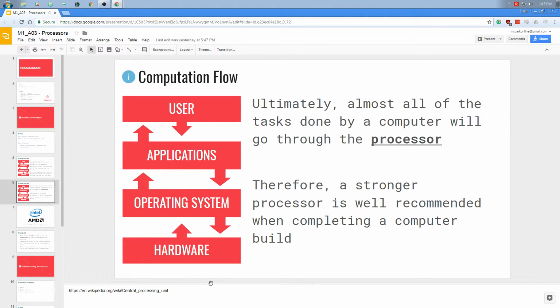So ultimately, almost all of the tasks done by a computer will go through the processor at the end. All of these are translated as 0 and 1 electrical signals to the processor, and the processor decides how and what to do with that information. Therefore, a stronger processor is well recommended when completing a computer build.